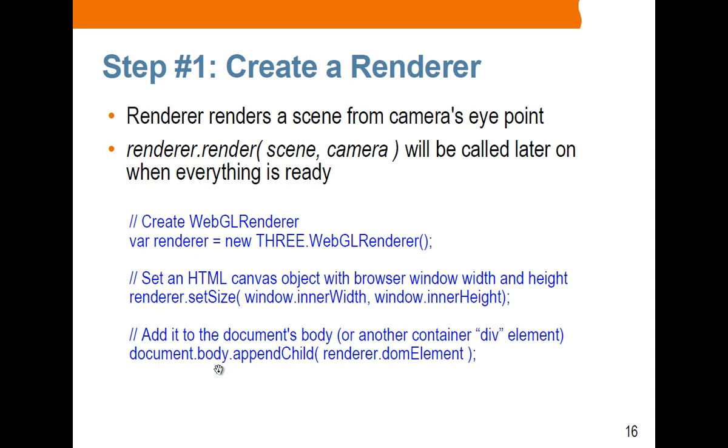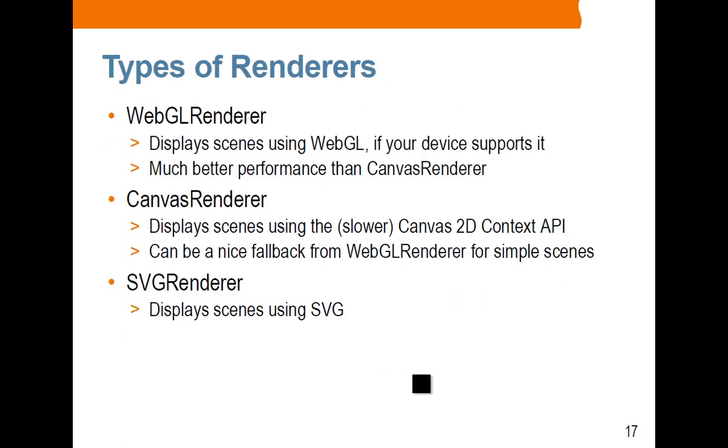In this case, we are adding to the body, so that we are taking the complete body space. But you might have another div element that you want to render in. In that case, you have the reference to that div element, and then you can append your renderer's DOM representation as a child.